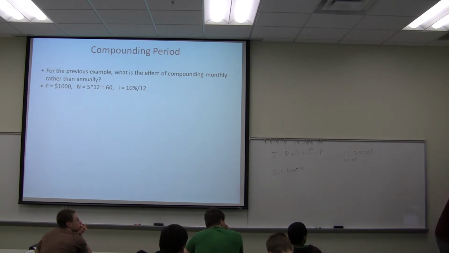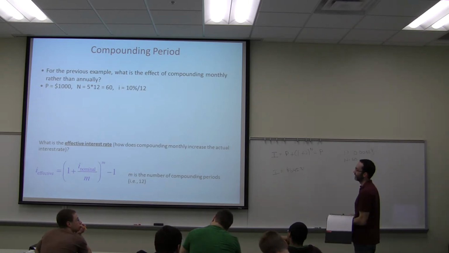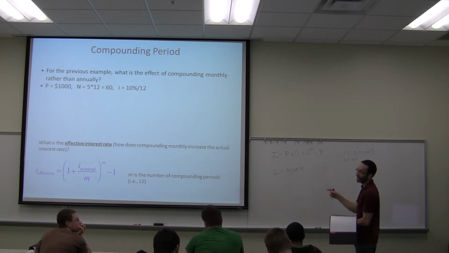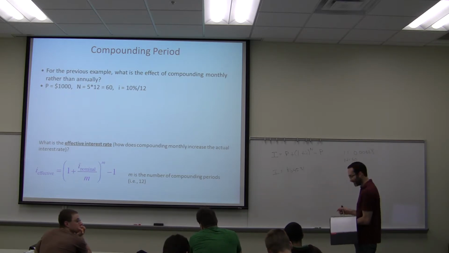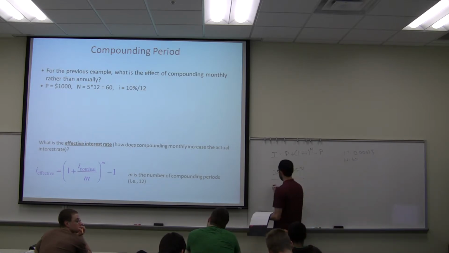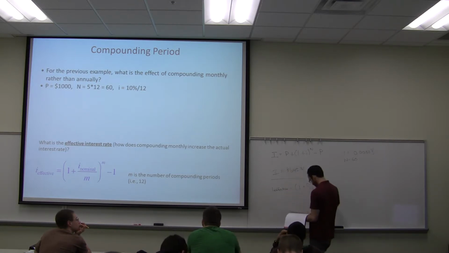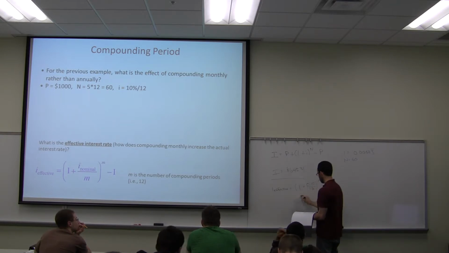So we can calculate the effective interest rate when we take into account the effect of compounding. And so they said that it was 10% interest rate, but what is the effective interest rate? In this case, the effective interest rate is 1 plus 0.10 divided by 12, to the 12th power, minus 1, which is 0.1047.